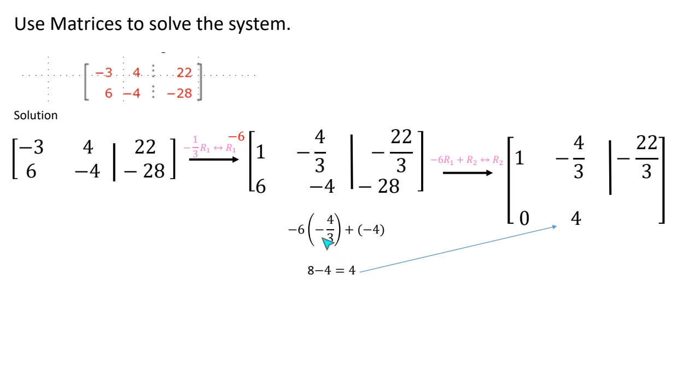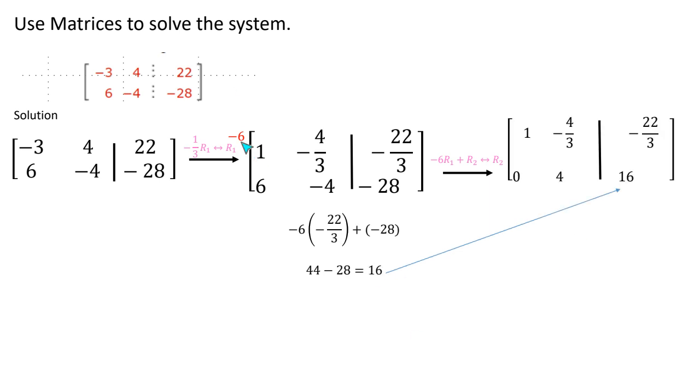And then -4 gives me a positive 4. And then the next one, -6 times -22/3. And that's going to give me a positive 44. The way I'm getting a 44 is that -6 divided by 3 is a 2, and then 2 times 22 is 44. And then -28 is equal to 16. So I get 16.